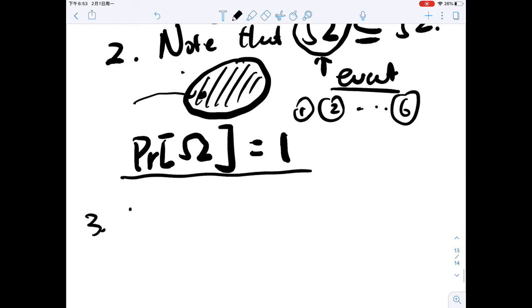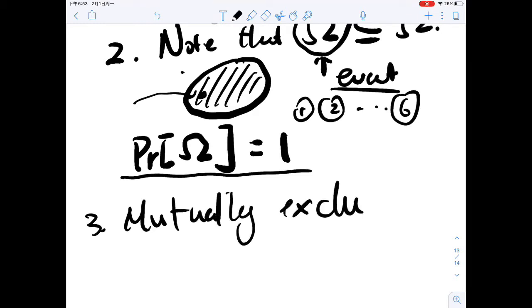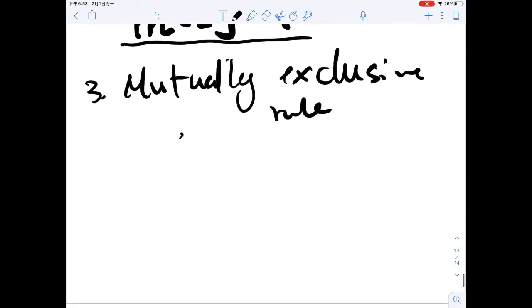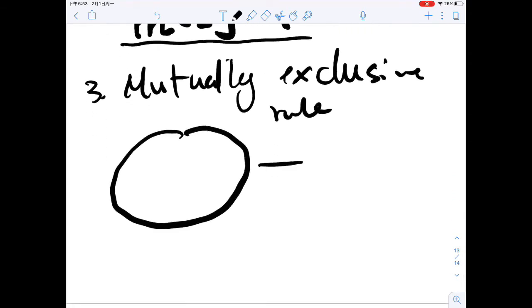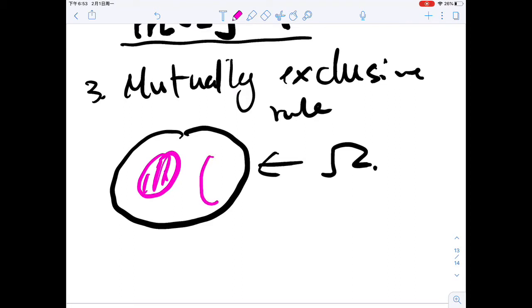The third one would be the mutually exclusive rule. The intuition is pretty simple. Let's say this is the probability space omega. I can talk about two events, and each event is a subset. Let's call this E1 and this E2.